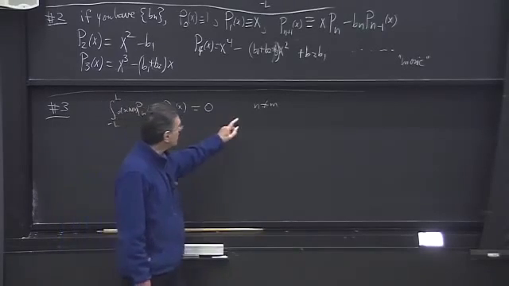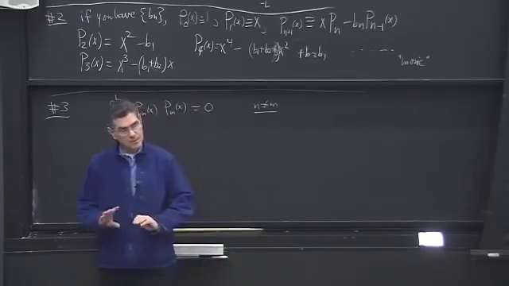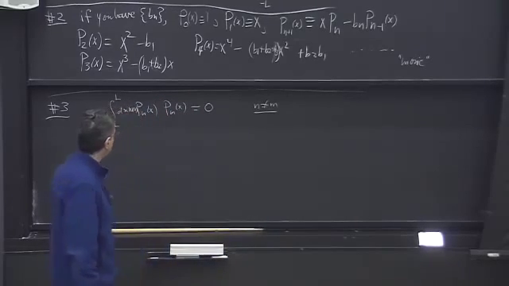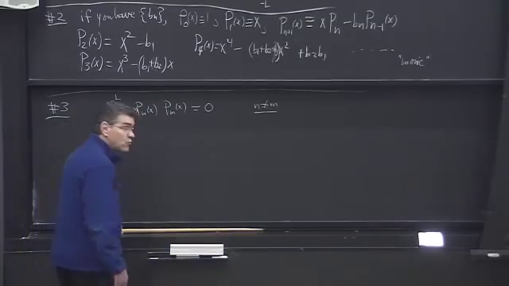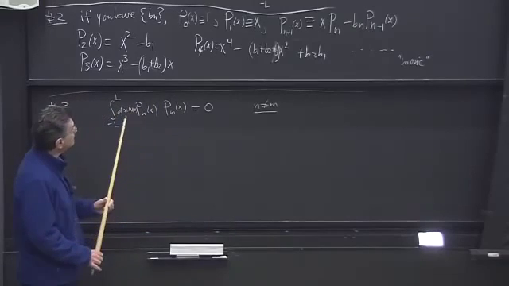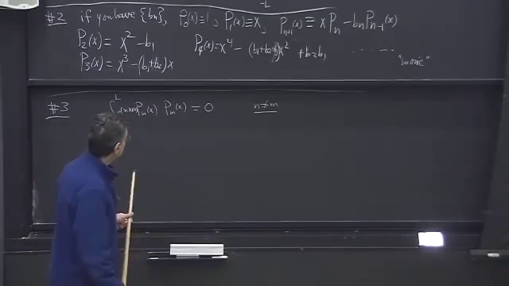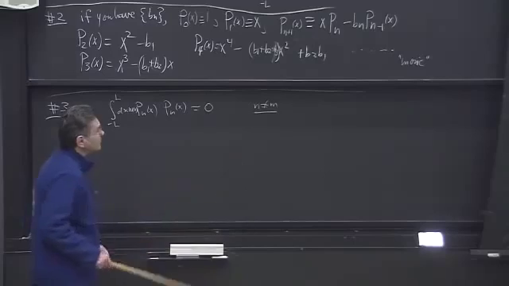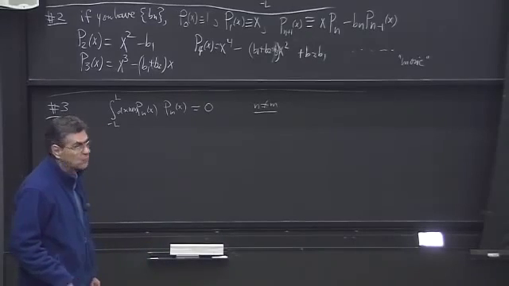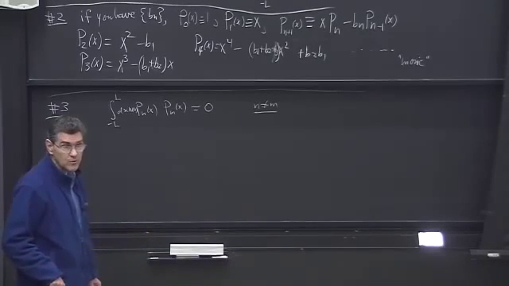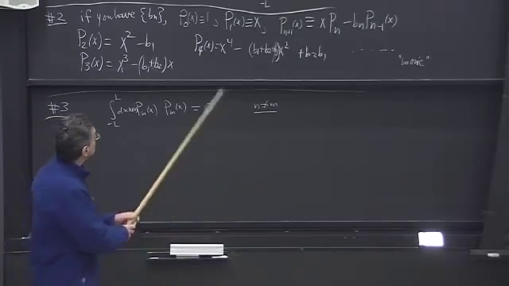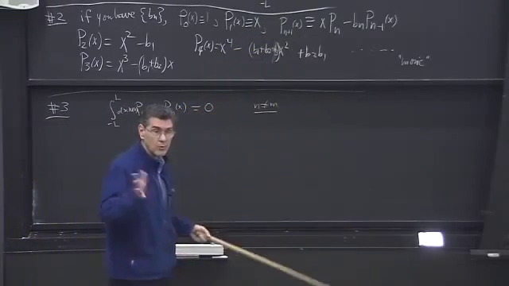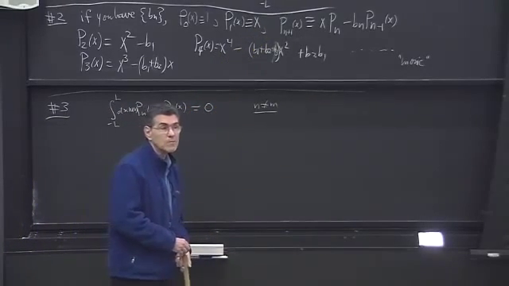But we're assuming that if n is unequal to m, these polynomials are orthogonal. Let's assume, by the way, that this function w is an even function. That's why I'm calculating even moments. Otherwise, if this power of x were odd, we would get 0 just by oddness.